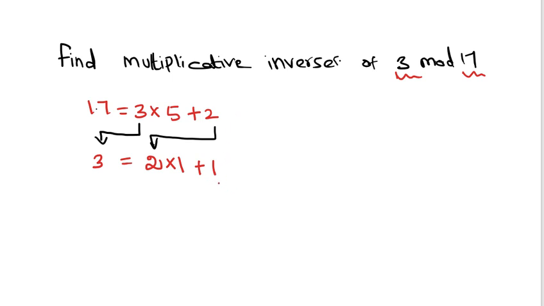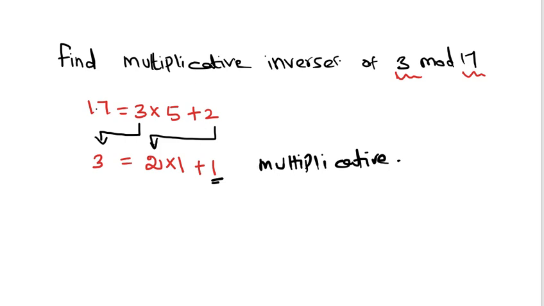That means there exists a multiplicative inverse. If you are getting 1 here, there will be a multiplicative inverse. So we can find the multiplicative inverse of 3 mod 17.